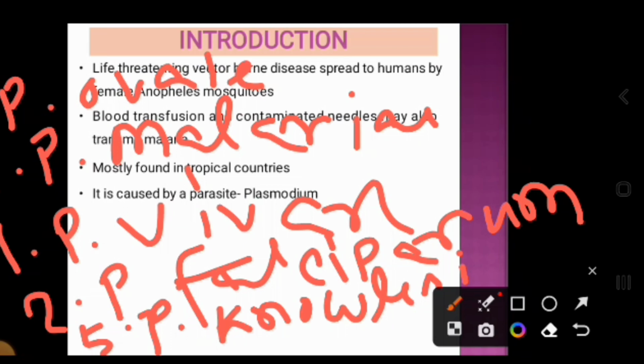Among these, Plasmodium vivax and Plasmodium falciparum pose the greatest threat to humans.